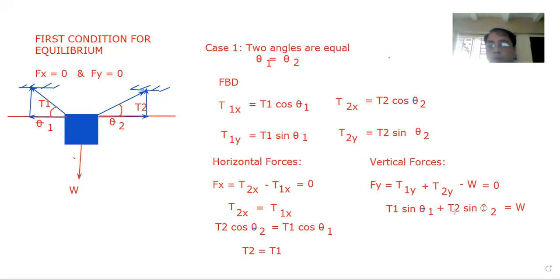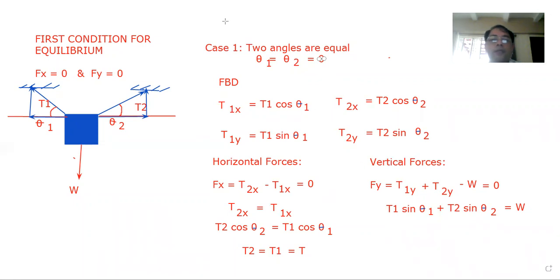So therefore, we can simply replace it with a certain variable T. If T1 and T2 are equal to one another, then we can just simply call it by a single variable T. If our angle also is equal, then we can just call it by a single variable theta. So we will see here that our angles and our tensions are the same.